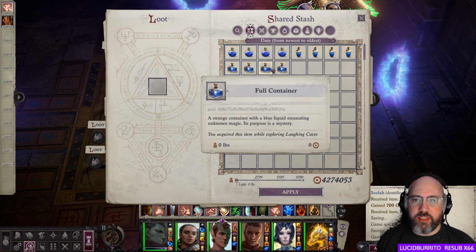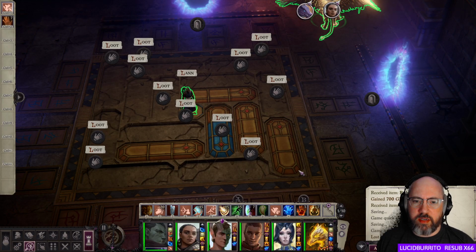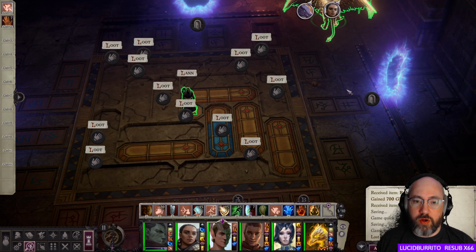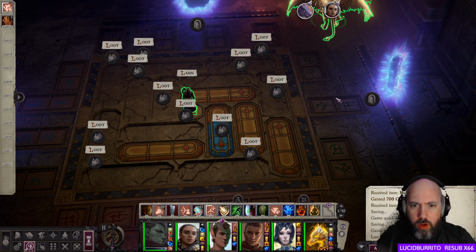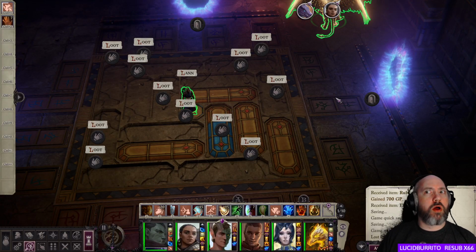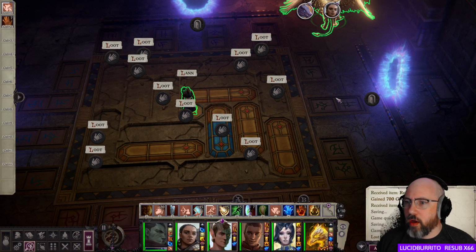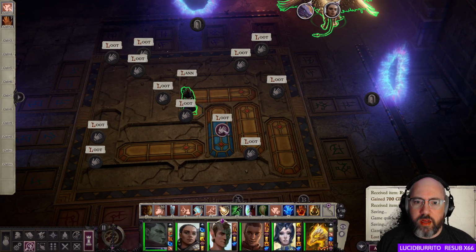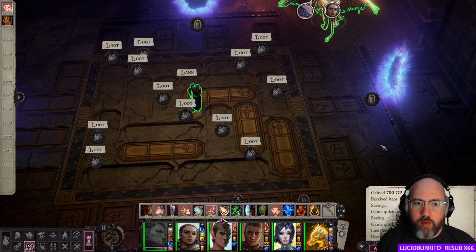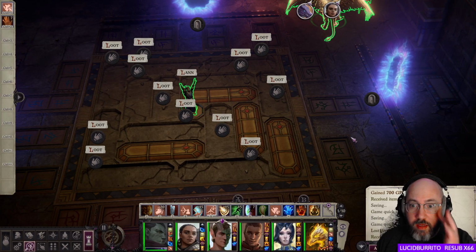And then see if I can put down a... I'm going to put down a 2/3. What? What the fuck does the blue have to do with anything?